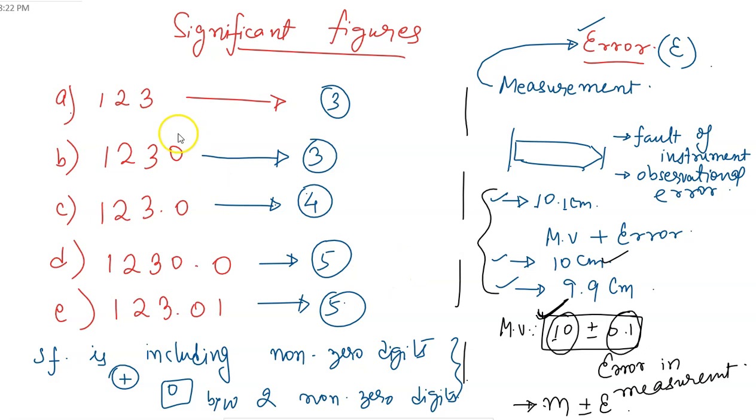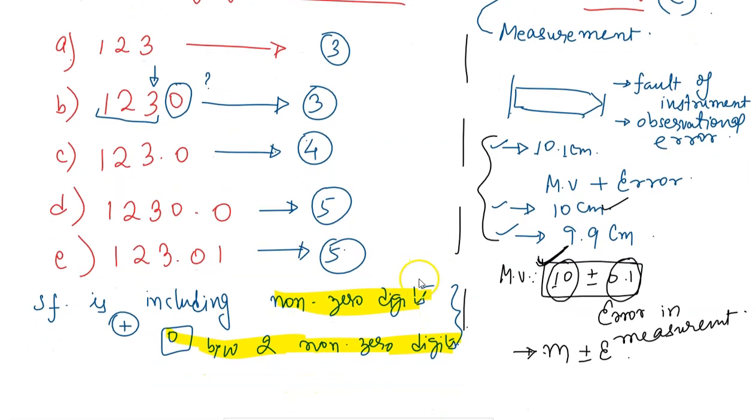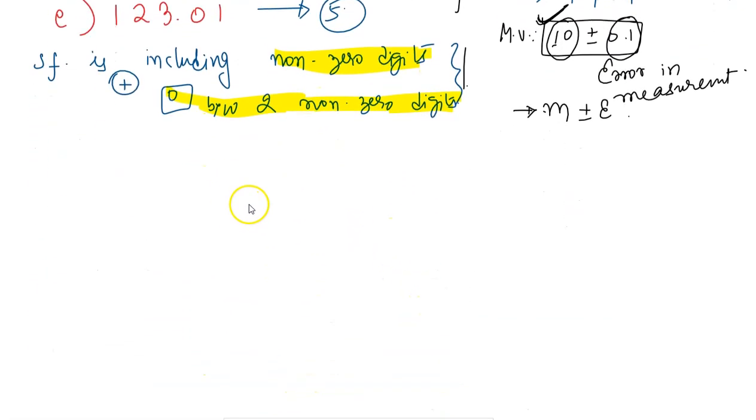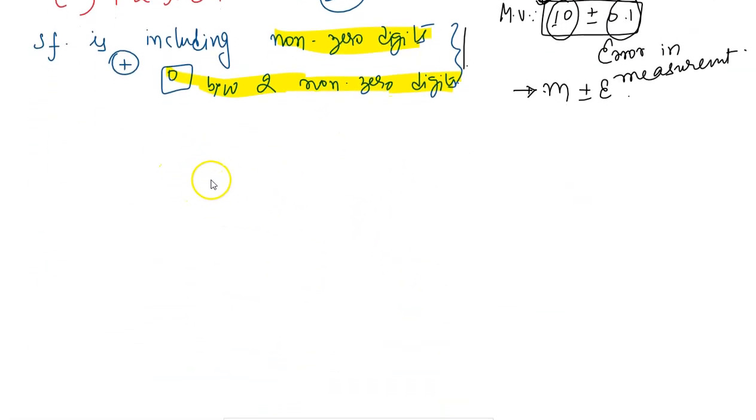Like you can see here, this 0 is not between two non-zero digits. There is just one non-zero and there is no digit after it. That's why the number of significant figures is only 3. So basically those significant figures should be either a non-zero digit, or if it is 0, then it should be between two non-zero digits.